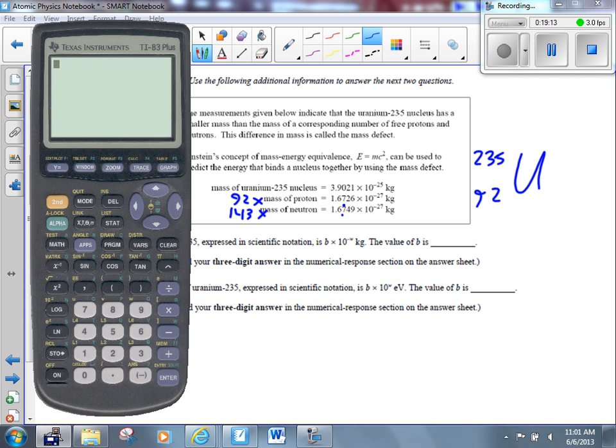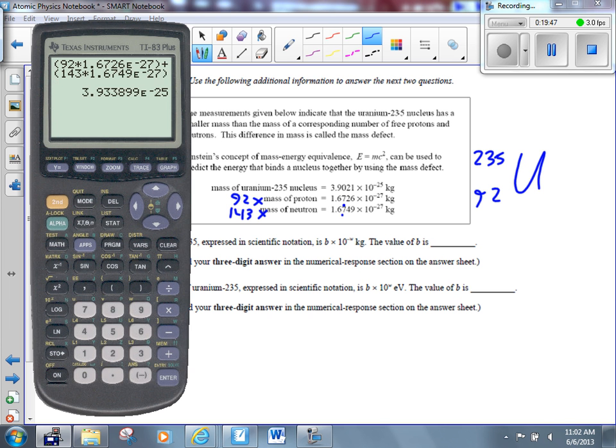Let's say 92 times, let's use some brackets here, 92 times 1.6726 times 10 to the negative 27. We're going to add that to 143, we'll use brackets here as well, 143 times 1.6749 times 10 to the minus 27.